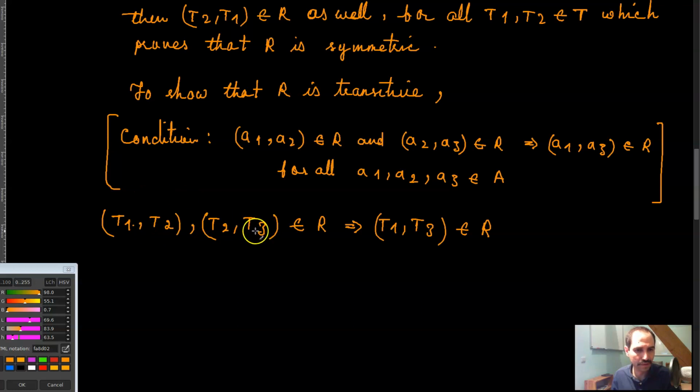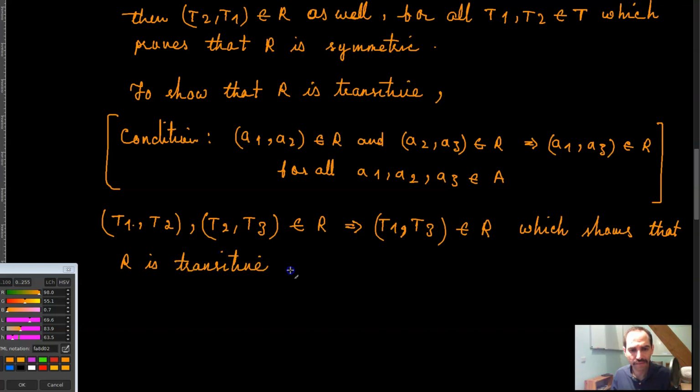That means that T1 is congruent to T3, so T1 comma T3 belongs to R. Therefore, R is transitive.